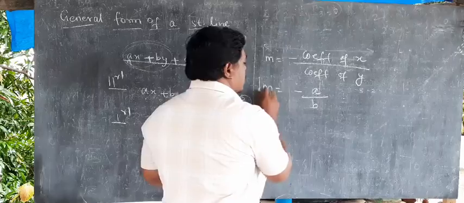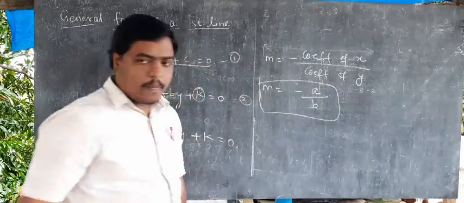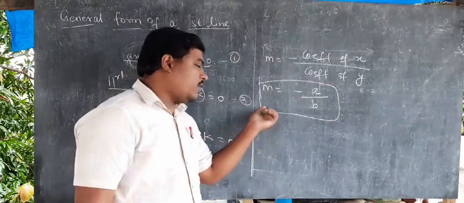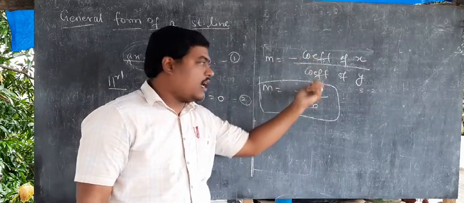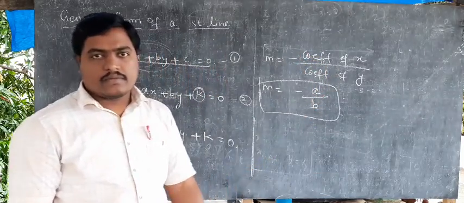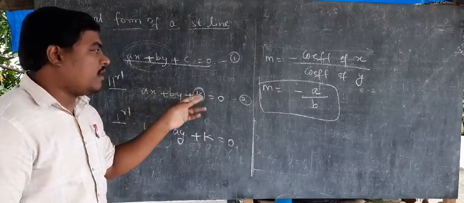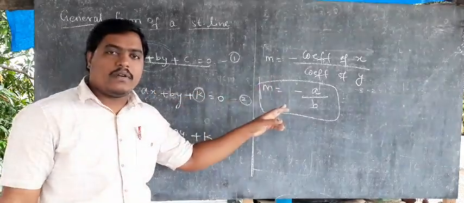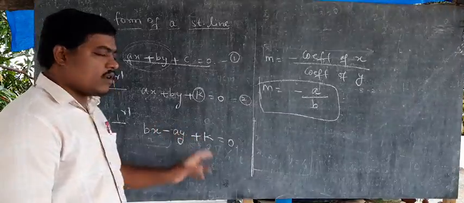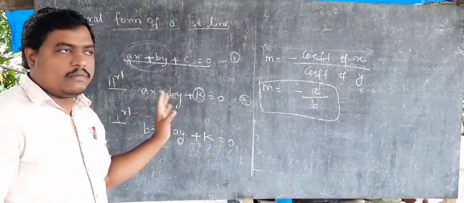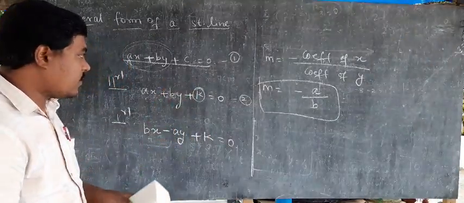So minus a by b. So in the sums, if you write it like this, it is understood that a is the coefficient of x and b is the coefficient of y. Clear? This is the formula for finding the slope from the given straight line equation. Clear? So using these two concepts we are doing the sum now. And then one more.